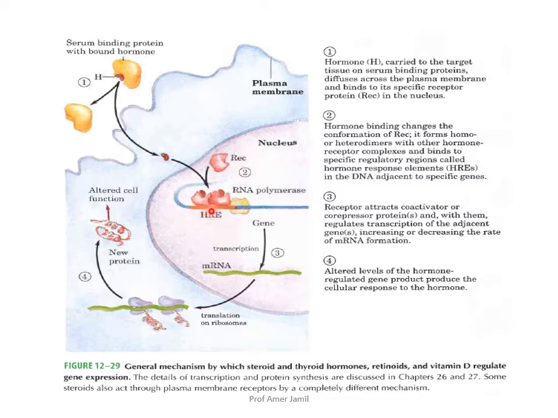And when they bind here, the same cascade is initiated where mediator, chromatin remodeling enzymes, and other proteins and transcription factors come into place. Finally, RNA polymerase 2 binds and starts the transcription, followed by translation, synthesis of the protein.